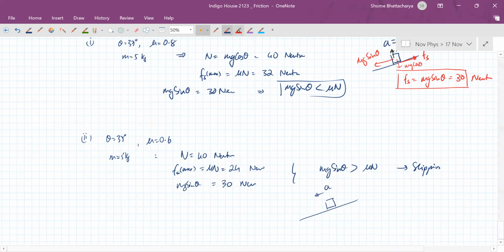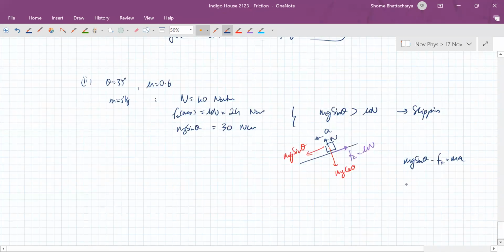Once there is slipping, in our free body diagram, we have to find the acceleration by finding the net force along the inclined plane, which is mg sin theta minus the kinetic friction which will act. So this kinetic friction will be mu n. So mg sin theta minus kinetic friction is equal to mass into acceleration.